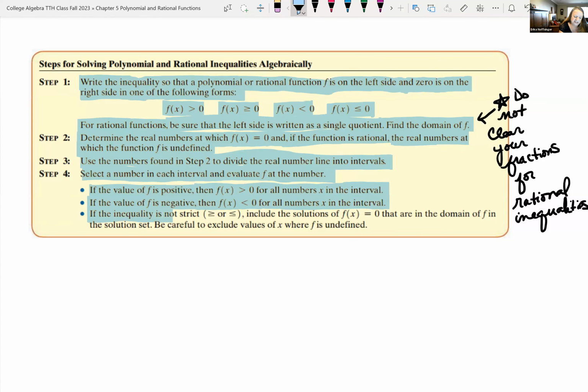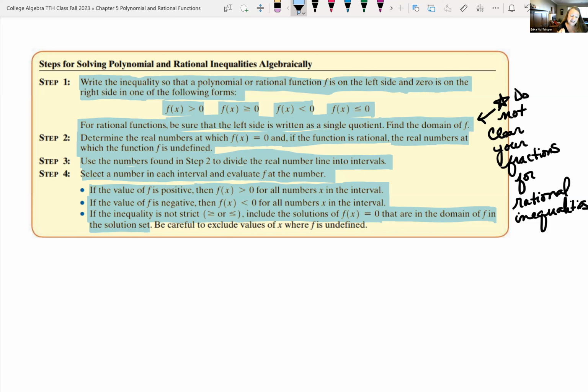If the inequality is not strict, so we have the equal part for our inequality, we have greater than or equal to or less than or equal to, we want to include the solutions of f of x equals 0 that are in the domain of our function f in the solution set. We've got to be careful though, because we're never going to include values which set our denominator equal to 0.